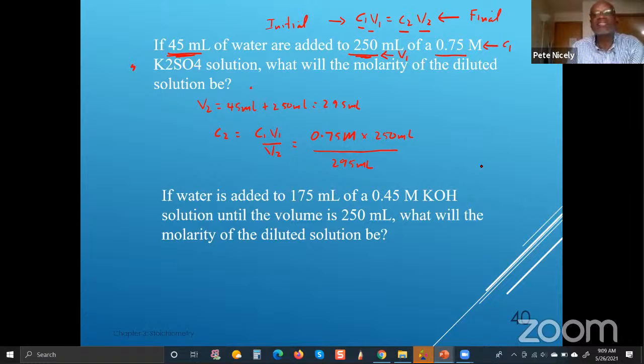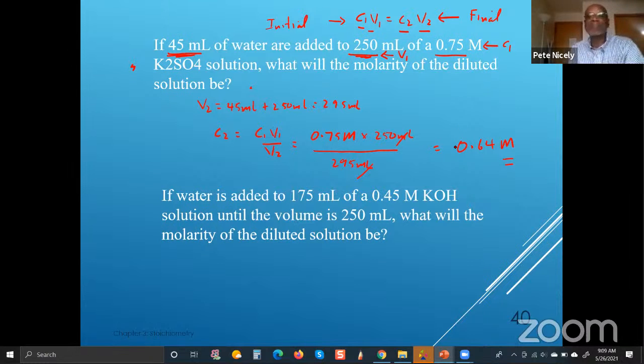So according to my calculations, the final concentration is going to be equal to 0.64 M, all right? And of course, the mL units will cancel out here and here, and you'll be left with M as your final units, all right? So that's basically how you do that first example.